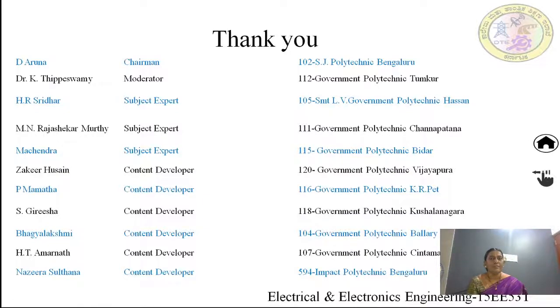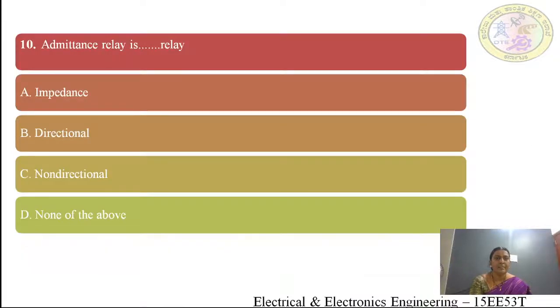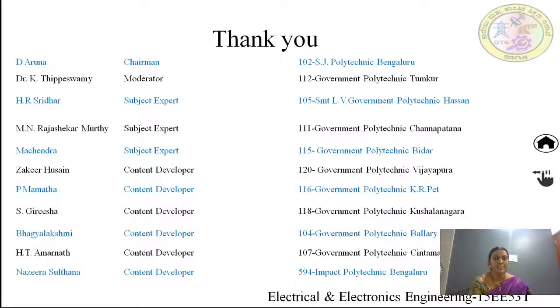Among them, we discussed the disadvantage of differential protection, and in that we have gone through distance protection. In that we have seen time graded distance protection, and then three zone protections of a relay, and then we have seen some of the multiple choice questions.